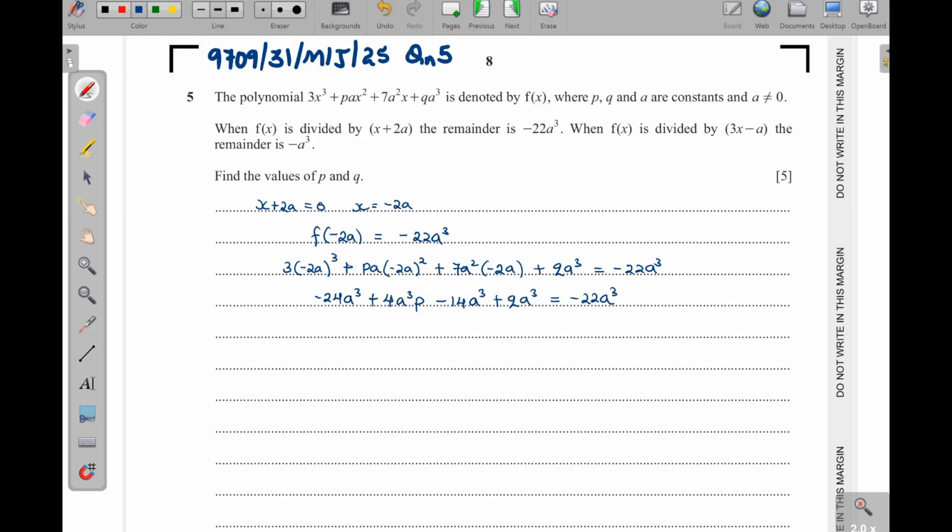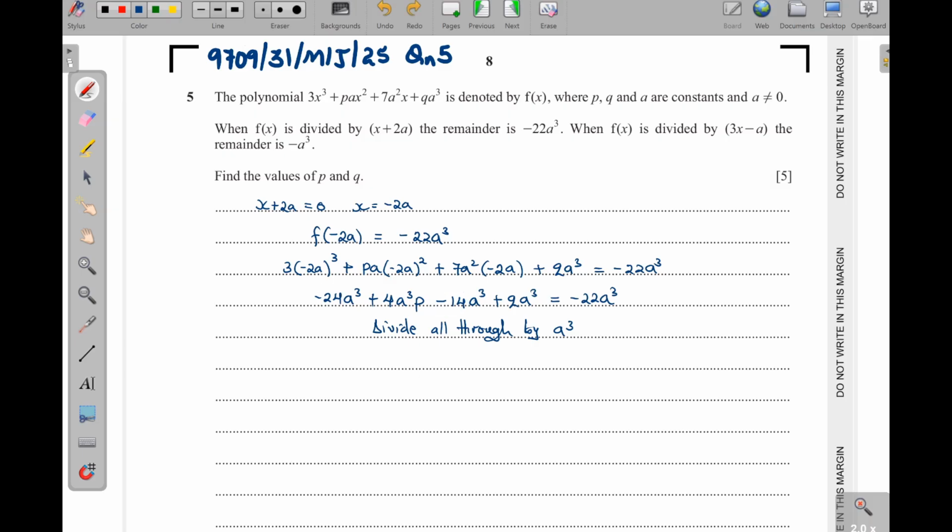Now a cubed is common, so if I divide all through by a cubed, it goes. Then I'll remain with negative 24 minus 14.